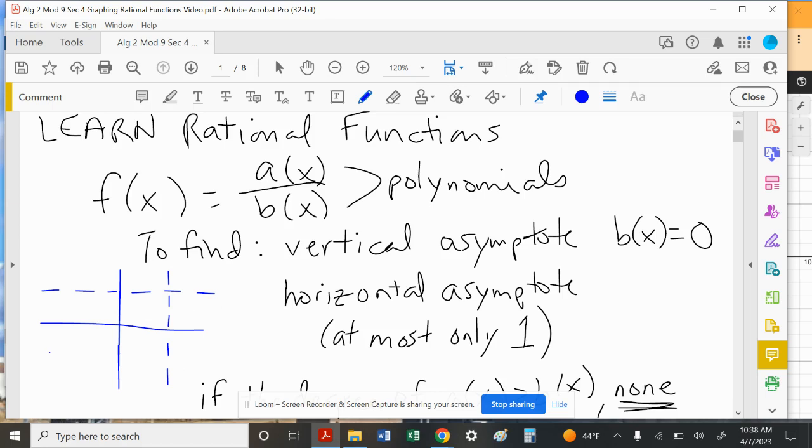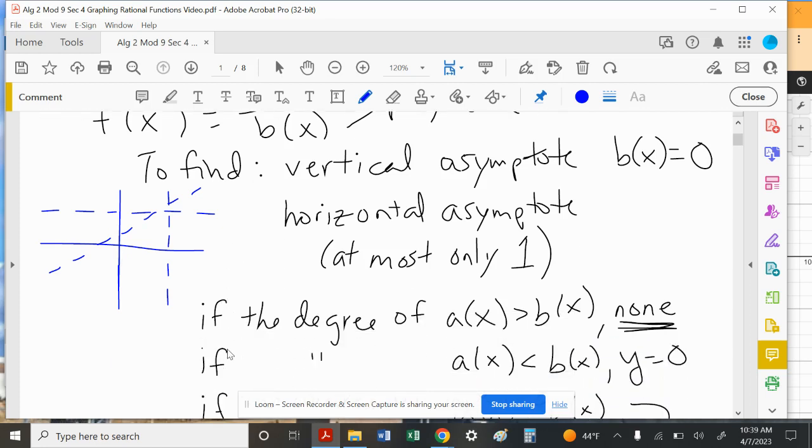And then we could have an oblique asymptote, which is neither horizontal nor vertical. It's a line that runs through the graph that the function can never cross. So there is a possibility that we could have that line there as well. We'll get to that; I'll write it a little later, as I have room on this page.